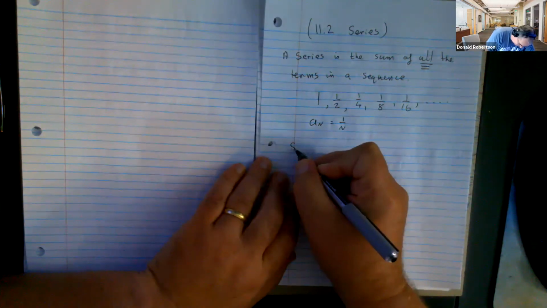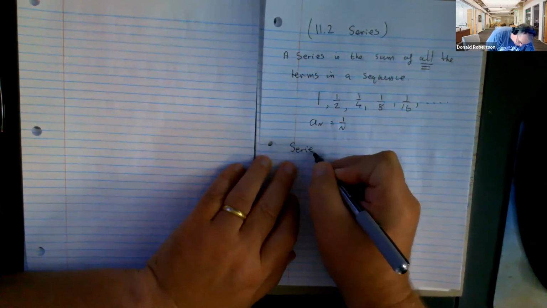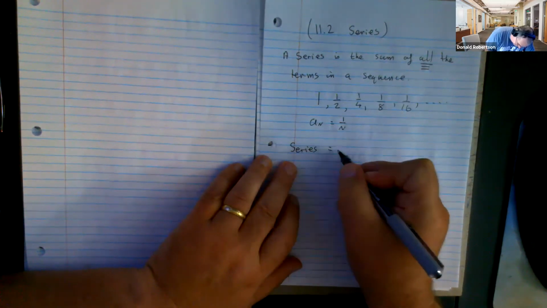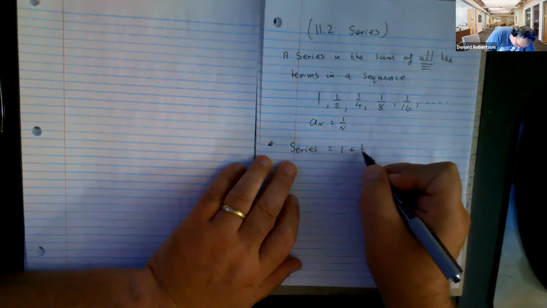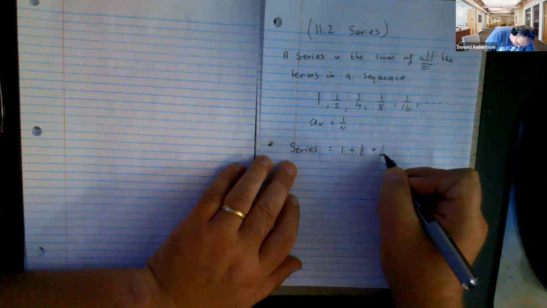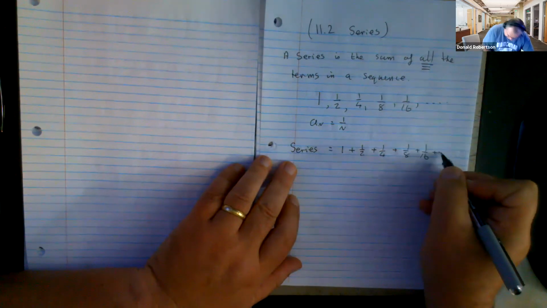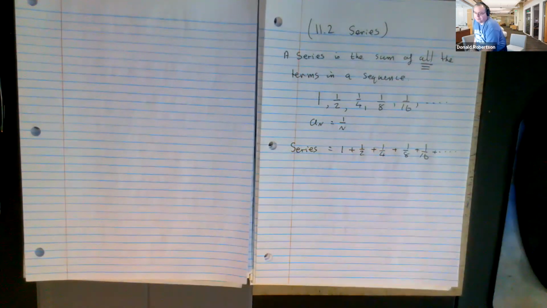So what would the series look like? A series is what you get when you add up all the terms of a sequence. So in this case, the series would be a single thing. Because if you add all these up, you would hope at least that there is a single answer. So a sequence has lots of terms to it. A series, technically, if you calculate it all the way to the end, will have one of 2 answers.